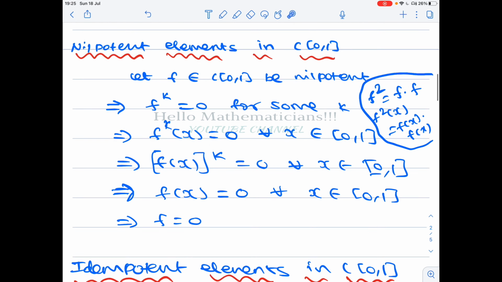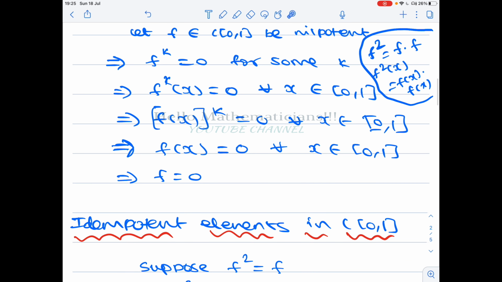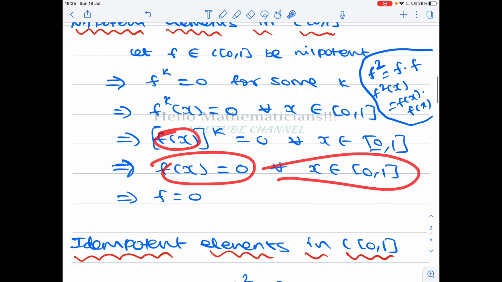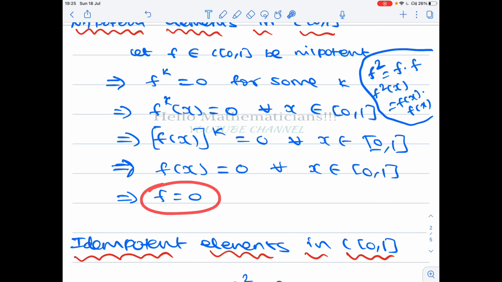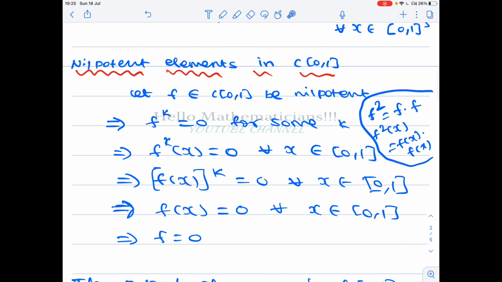In such cases this is not true: f(x)^k equal to 0 does not necessarily mean f(x) equals 0; f(x) should be a nilpotent element in the ring R. Anyway, usually we work with R. Therefore, since it is a real number, f(x) equals 0 for all x in [0,1], which implies f equals the constant function 0. Therefore, in C[0,1], 0 is the only nilpotent element.